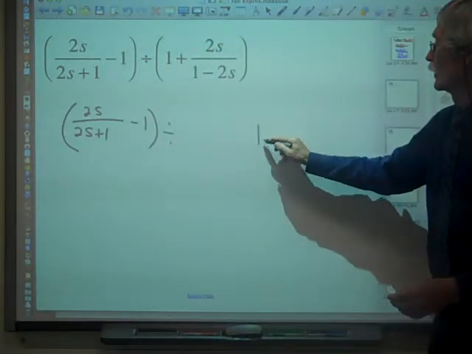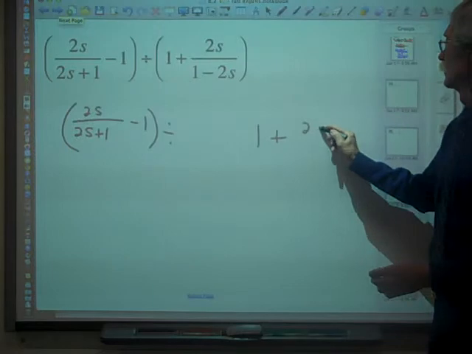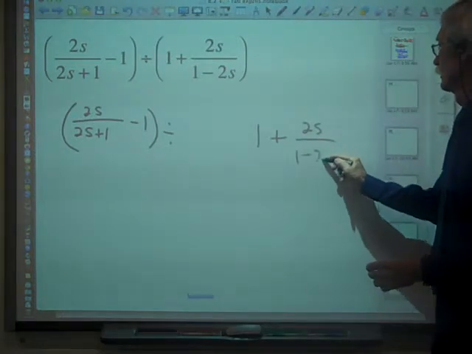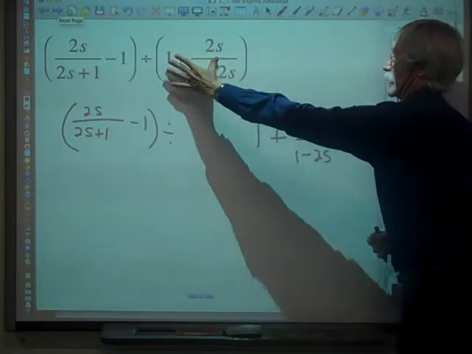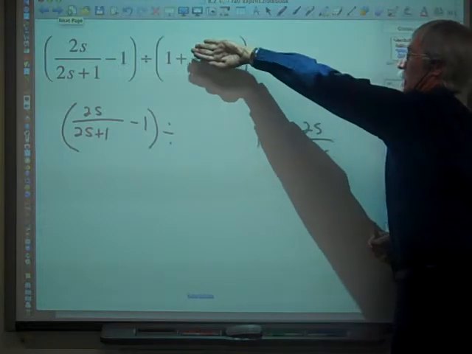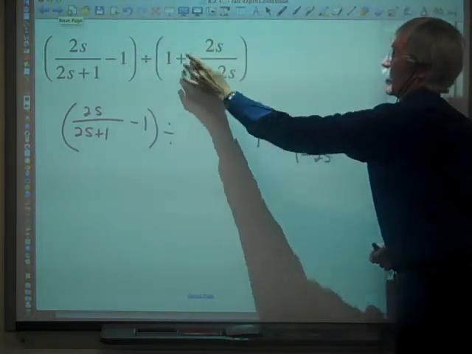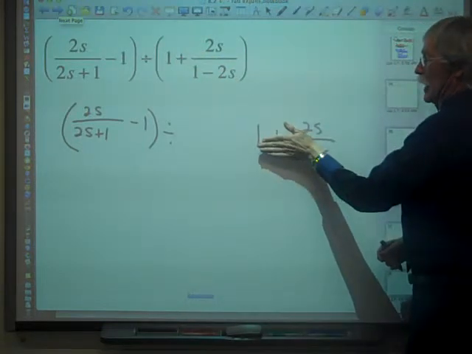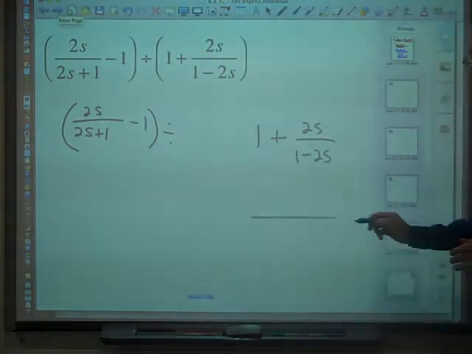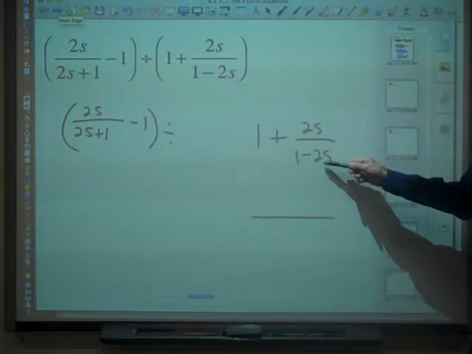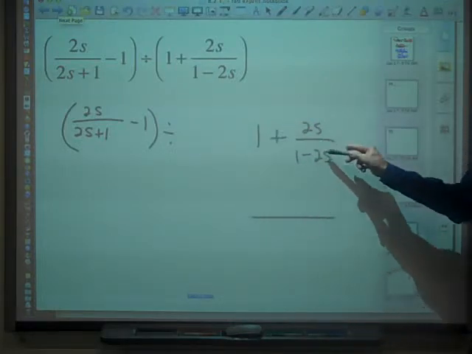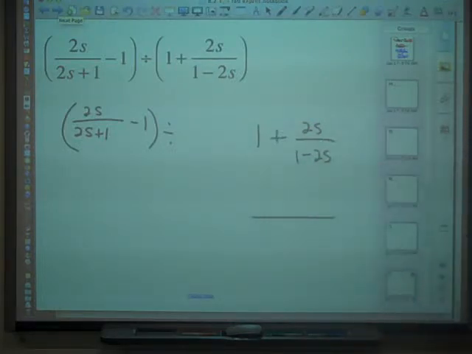So I'm going to move this over here. Take this. I want to flip this upside down. To do that, I need one fraction here, not a binomial. So how do you get one fraction here? You get a common denominator. What's a common denominator for this one and this one going to look like?